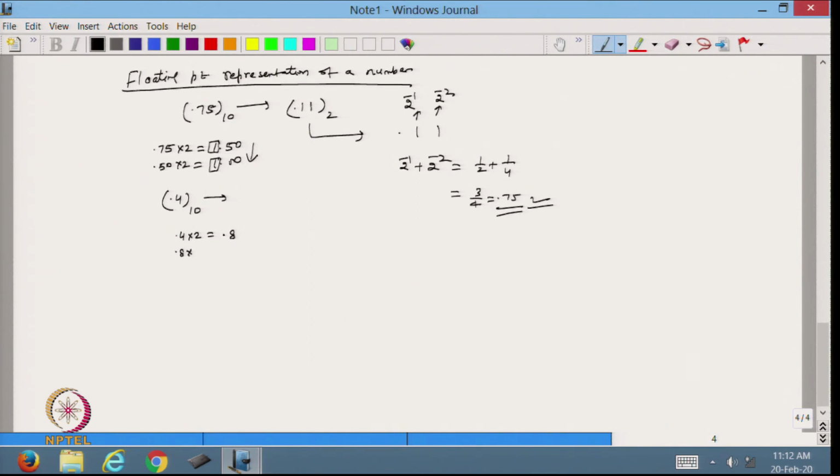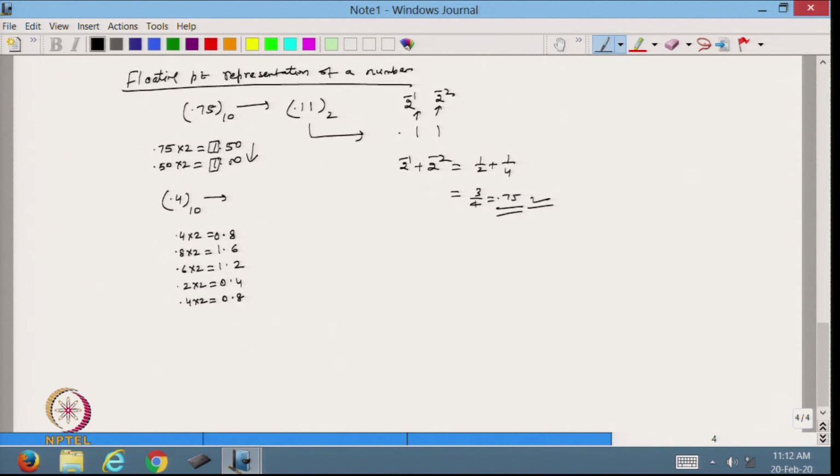Now I find 0.8 into 2, that is 1.6, then 0.6 into 2, that is 1.2, then 0.2 into 2, that is 0.4, so I can put 0 here. So 0.4 came again. Now I write 0.4 into 2, so it is 0.8, and then the same thing will repeat again and again.